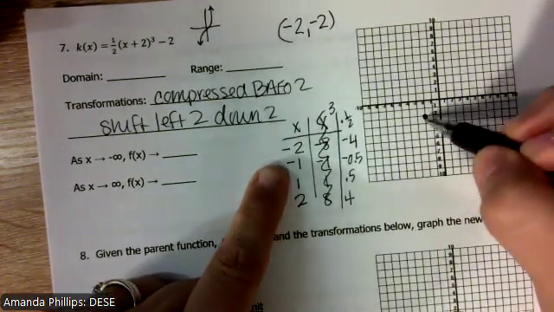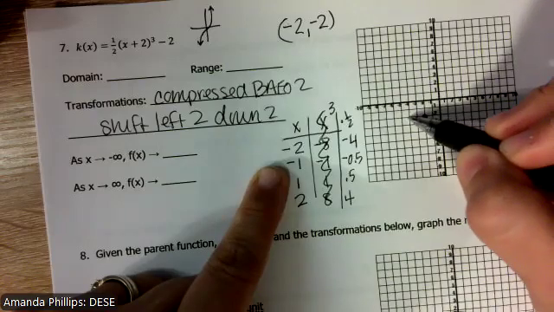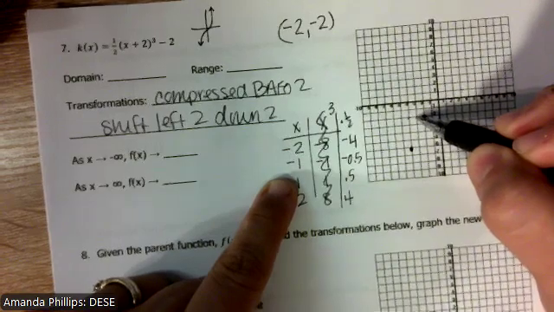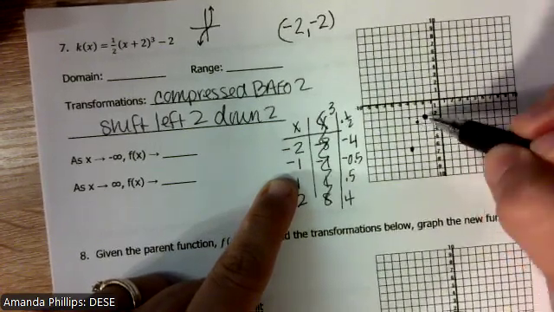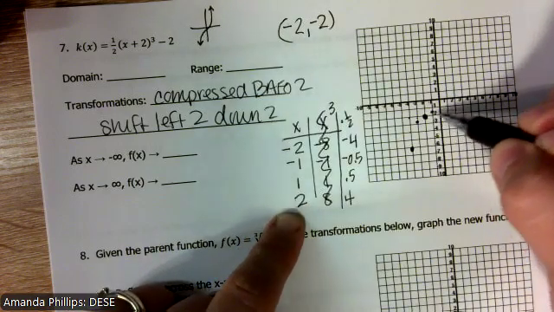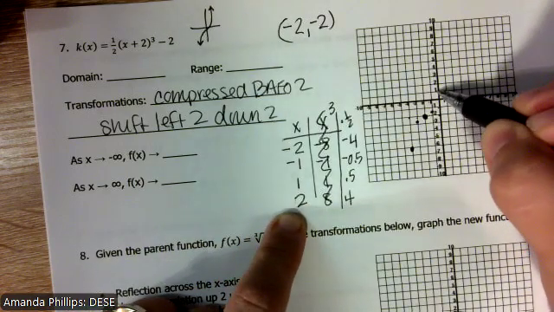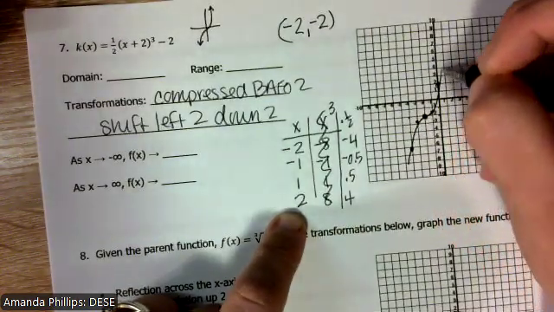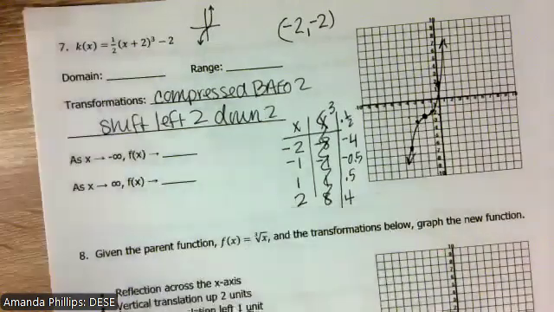So we went back 2 and down 4. 1, 2, 3, 4. Back 1, down 1/2, right 1, up 1/2, and right 2 and up 4. Connect your points. There we go.